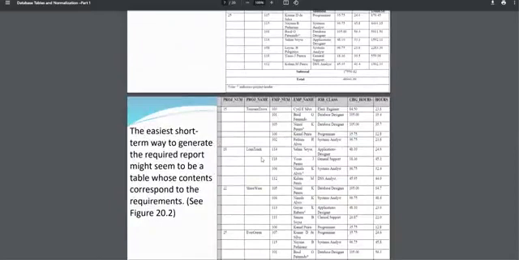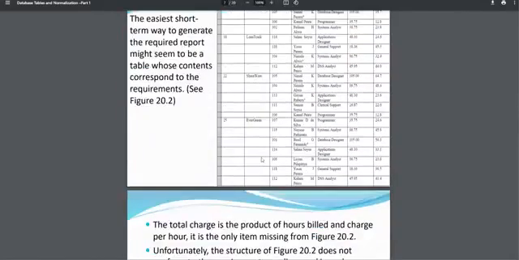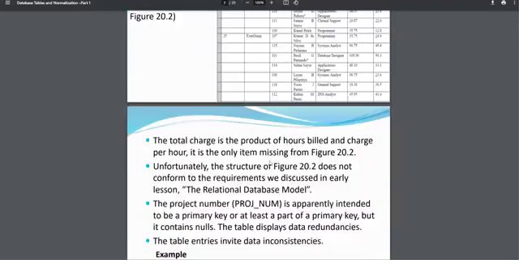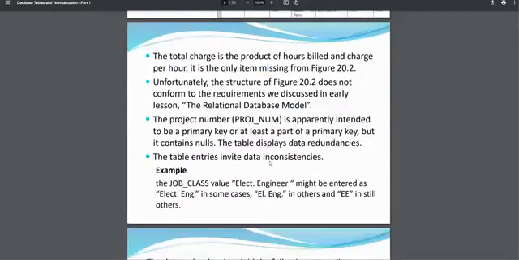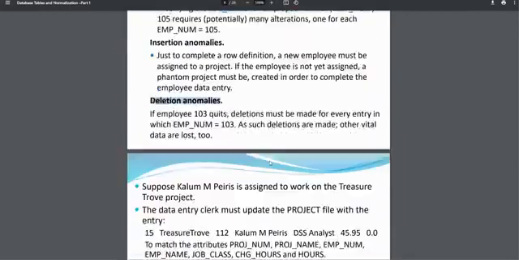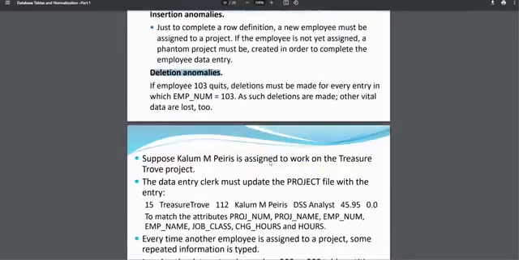So we can understand the requirement: we have to normalize these data sheets, tables, and databases by following proper steps.